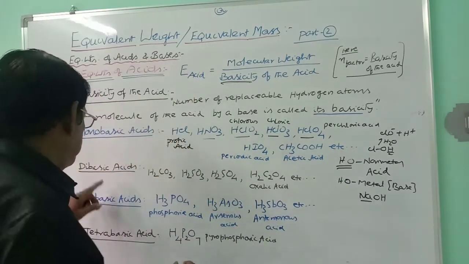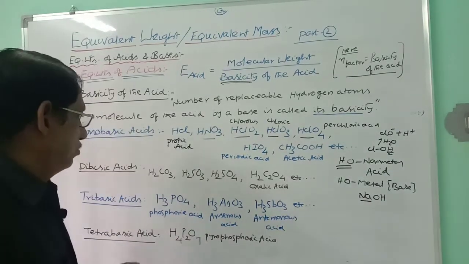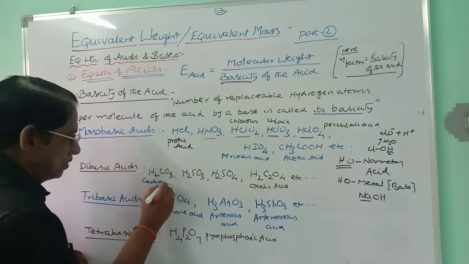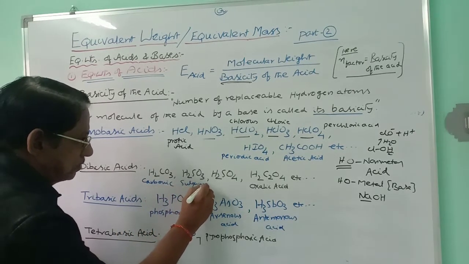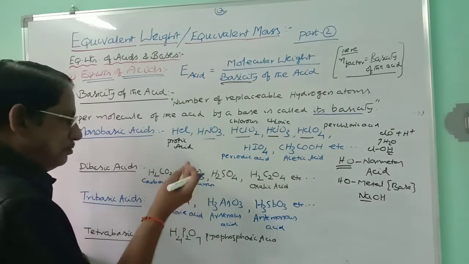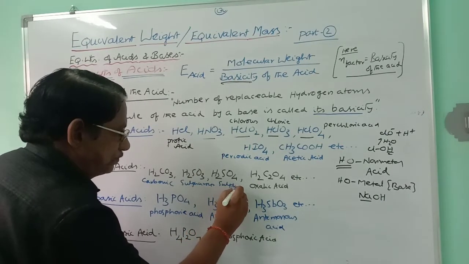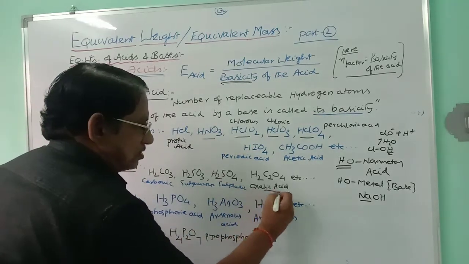Similarly, let us consider the dibasic acids. In the case of dibasic acids, we are considering first carbonic acid, second sulfurous acid. Carbonic acid is a dibasic acid, sulfurous acid is a dibasic acid, H2SO4 sulfuric acid, dibasic acid. This is from organic chemistry, oxalic acid.